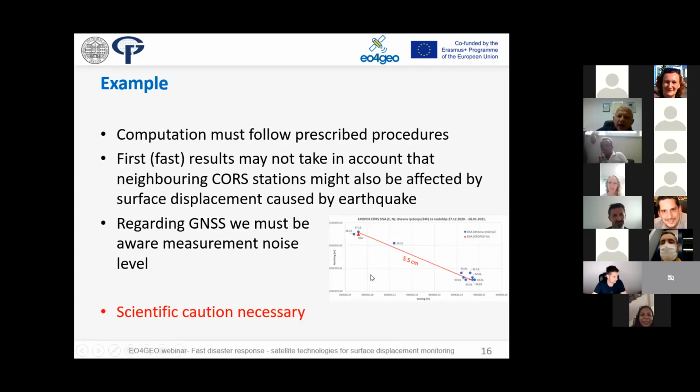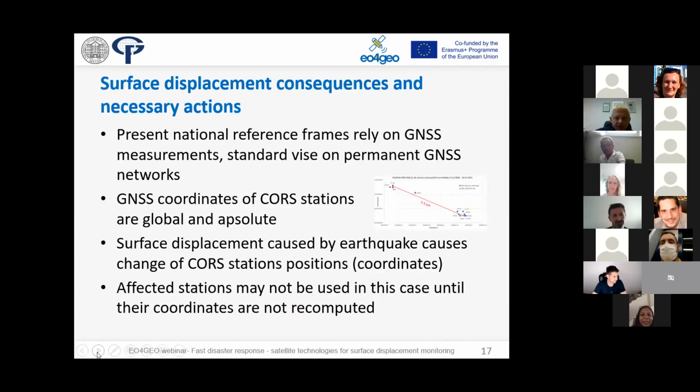So showing us that there was a shift, the surface displacement in the southeast direction after these earthquakes on 28th and especially 29th of December. So again, we should be cautious when we interpret the results we have achieved.